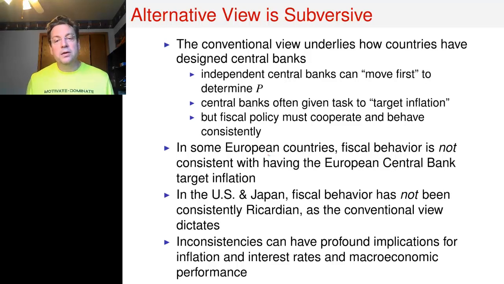Now, in some European countries, fiscal behavior is not consistent with having the European Central Bank target inflation. And in the United States and Japan, at least recently, fiscal policy has not been consistently Ricardian, as this conventional view dictates. But the inconsistencies between monetary and fiscal policies can have profound implications for inflation and interest rates and overall macroeconomic performance.